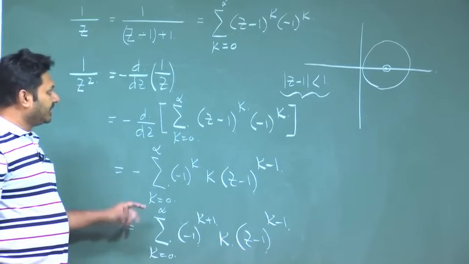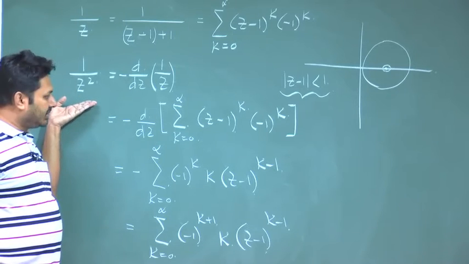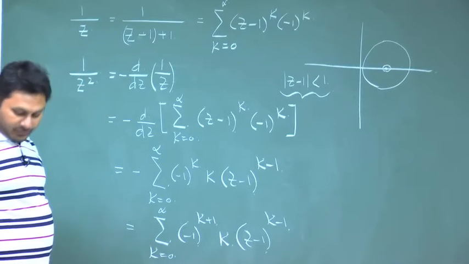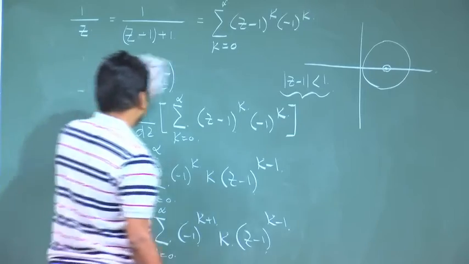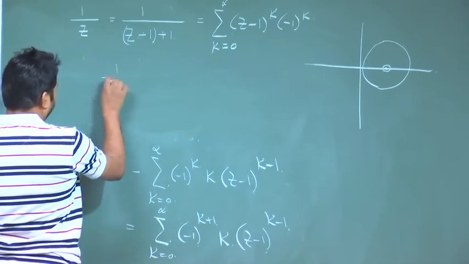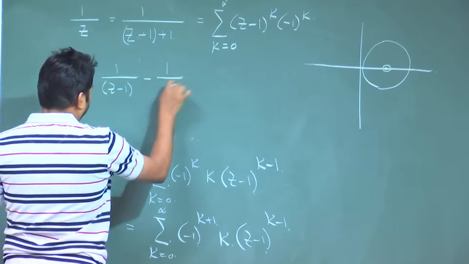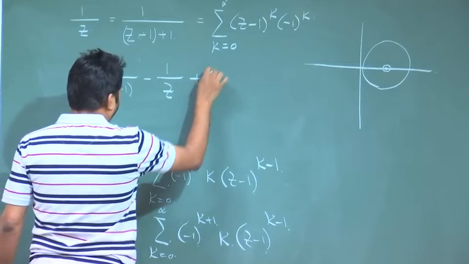So, once you have this, the expansion of 1 by z square is in your hand, and if you remember, your function was something like 1 divided by z minus 1, minus 1 by z, plus 1 by z square.